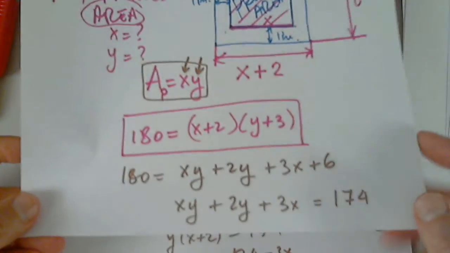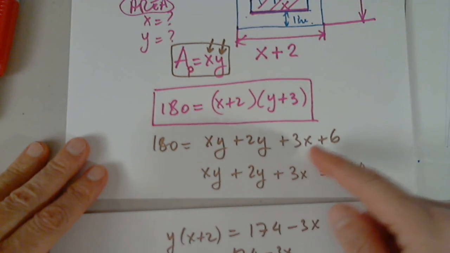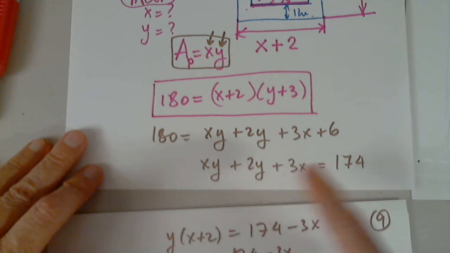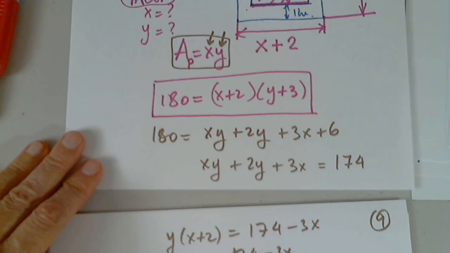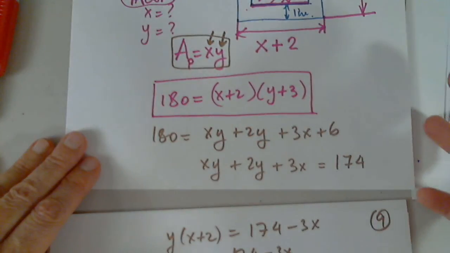From here, with algebra, we finally got Y. We distributed. I'm also checking to make sure. So I subtracted 6 and I get 174. And then I factored out Y and subtracted 3X, and that's it.